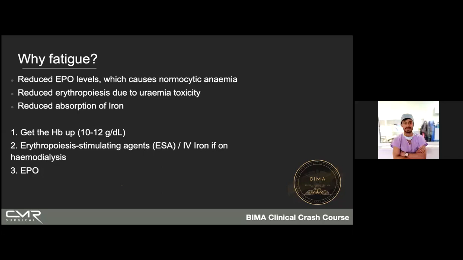You can also have, well, we've got a question. So would you give folic acid? No, you wouldn't give folic acid in this situation because, can someone try to explain why you wouldn't give the folic acid?